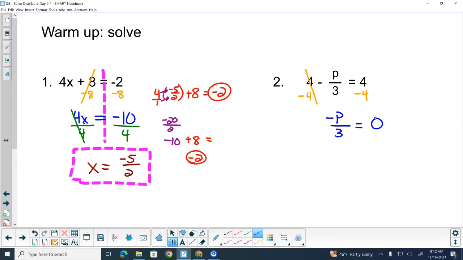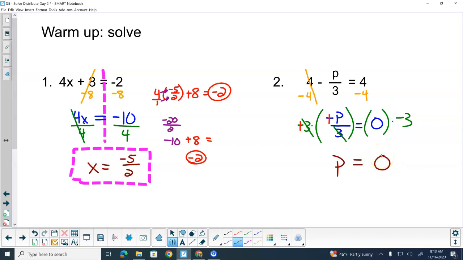We could multiply by 3, yes, but it's better to multiply by negative 3 because then that clears off the negative sign too. So the 3 cancels out the 3, and the negative cancels out the negative, leaving me just with p. And what is 0 times negative 3? 0. Zero times anything is 0. My answer there is 0.